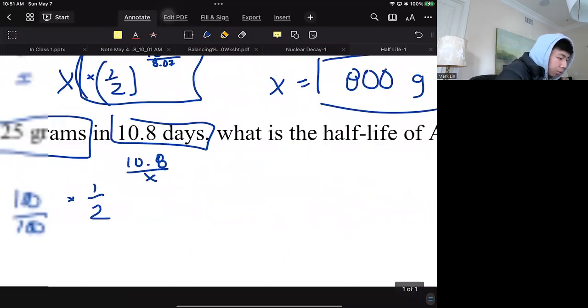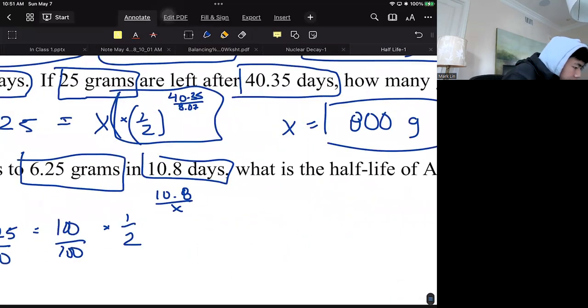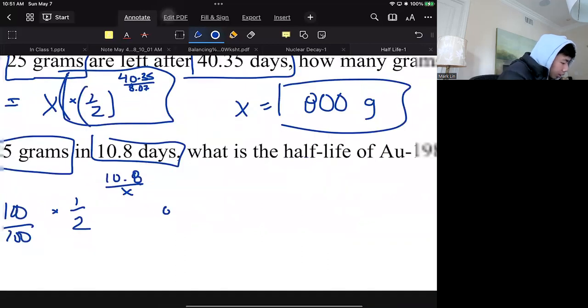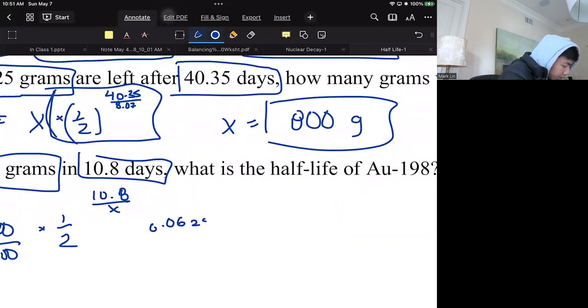6.25 divided by 100 is 0.0625. And I believe this is also known as 1 over 16.